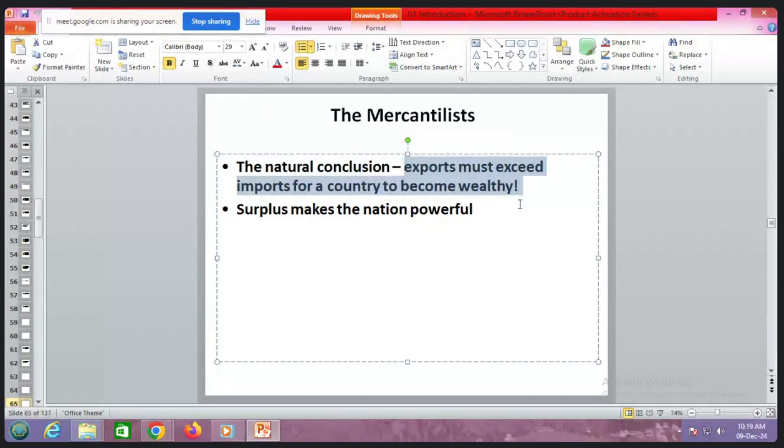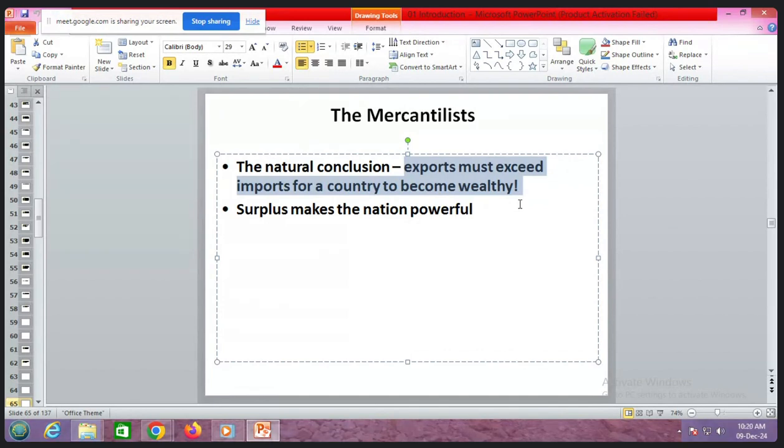So this is the summary of the idea of mercantilism: a country is considered wealthy if it has more precious metals. Precious metals can occur either naturally or you have to earn them. How do you earn them? By exporting goods and services, you get an inflow of precious metals. By buying imports from other countries, you have to pay through precious metals.